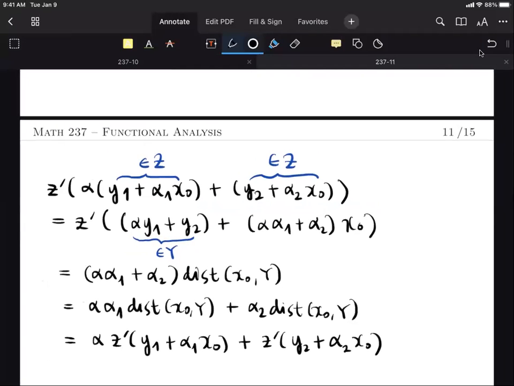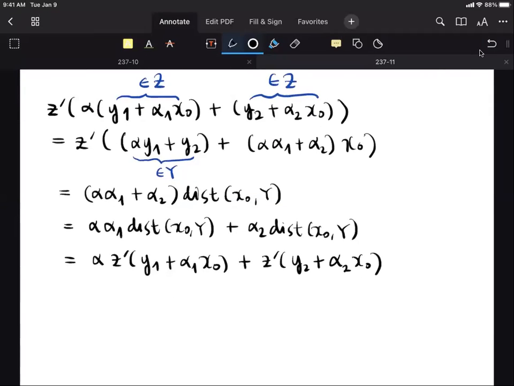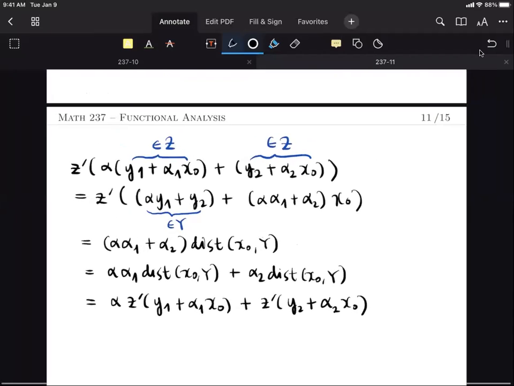Take note that an element of Z can be written uniquely of this form, an element of Y plus some scalar multiple of x naught. Okay, so this proves linearity.